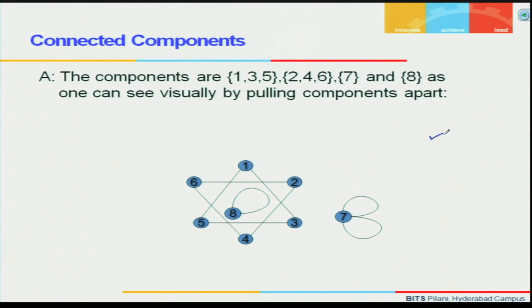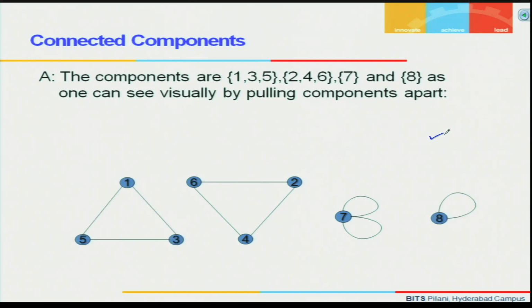Is this a connected graph or a disconnected graph? Definitely this is a disconnected graph, and in fact if you draw it nicely, the graph looks like this. Then what I mean here by component is, is this a subgraph of the main graph that we considered?